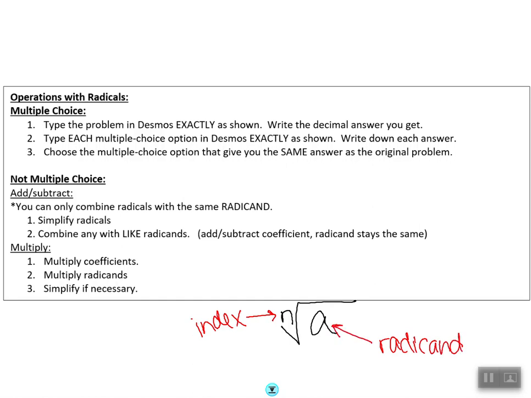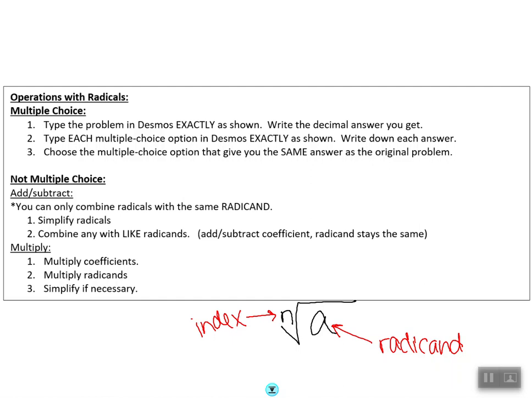So you can only add or subtract radicals when they have the same radicand. So this means that you will have to first simplify the radicals, and then you can add or subtract the coefficients and leave the radicand the same.